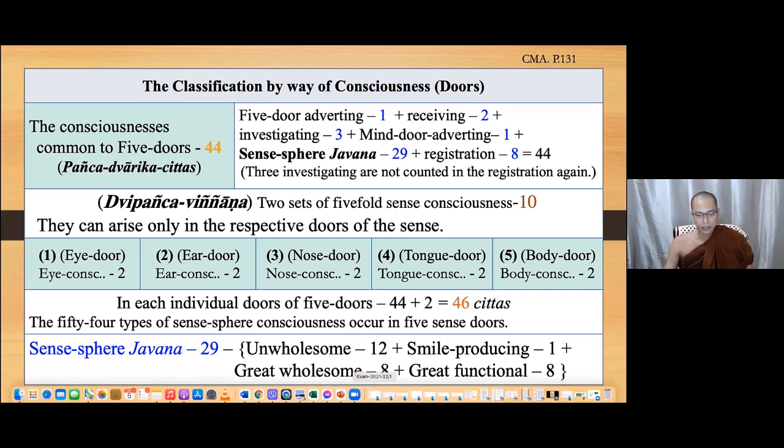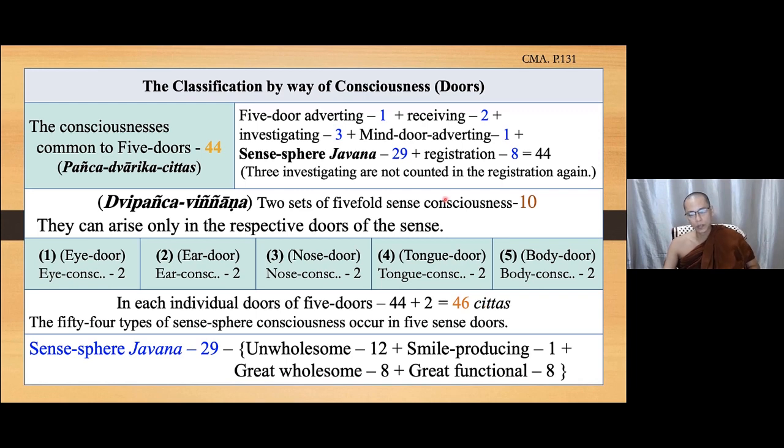And in the ear door, there are 46, and the nose door, tongue door, body door also have 46. The difference is their specific consciousness. And the other 44 are the same. So in this way, we can count in the 5 doors what types of consciousness can arise in each door.